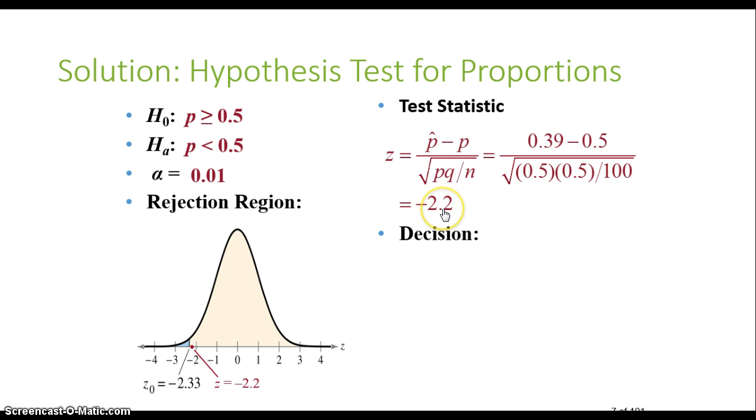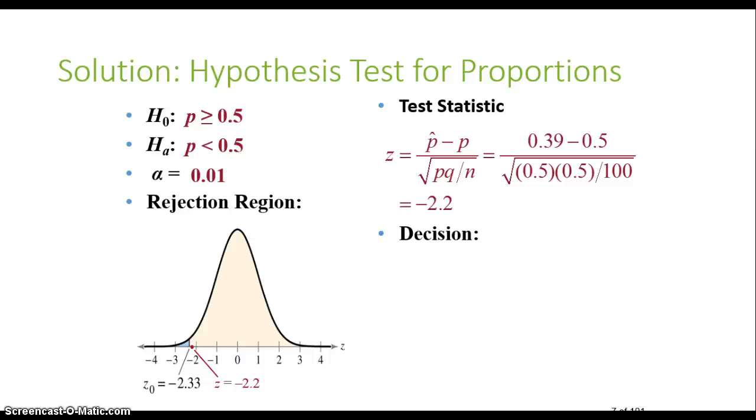Basically, we get a standardized test statistic of negative 2.2. And if we see on the normal curve here, that test statistic we found of negative 2.2 is just shy of being in the rejection region. So close but no cigar.